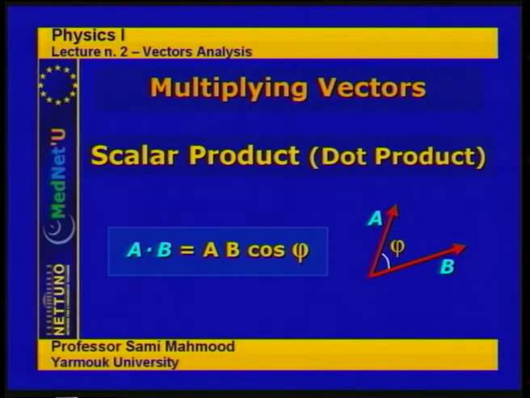The magnitude of this resultant is the magnitude of A, times the magnitude of B, times the cosine of the angle phi between the two vectors.